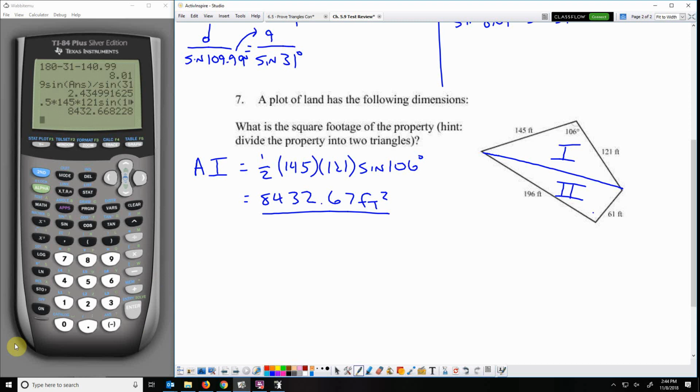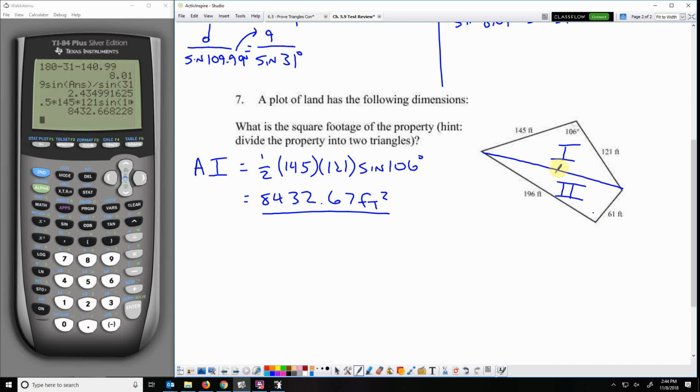Okay, in order to find area 2, I don't have an angle measure here. I probably should find this side length right here. And then I'll have side, side, side, and I can use Heron's formula. So to find this missing side length, I gotta go back up to triangle 1, and I can use the law of cosines to get the missing side.